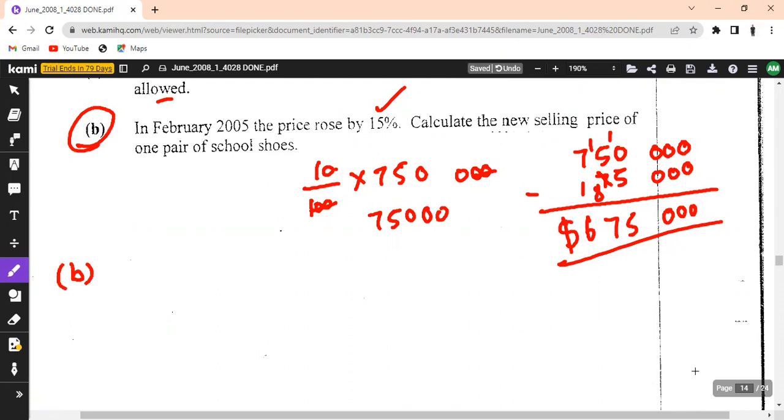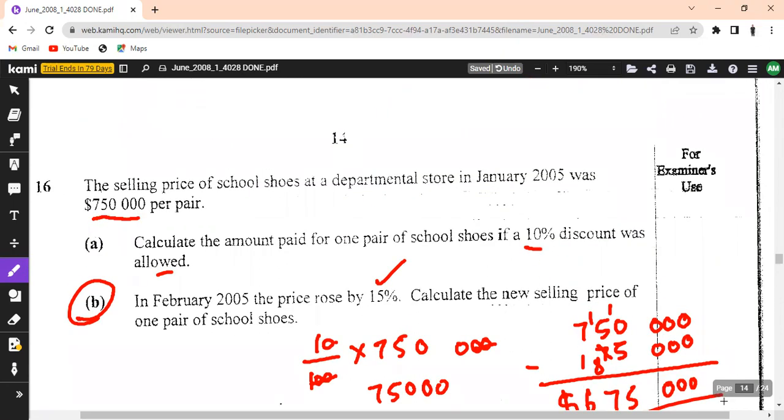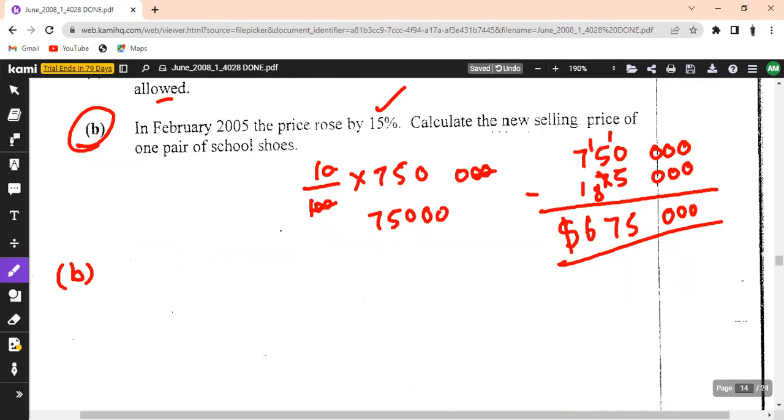Let's just use this one to say that in January, the price of a shoe was at 750,000. This is the initial price, like at 100%. So at 100%, the price was at $750,000.